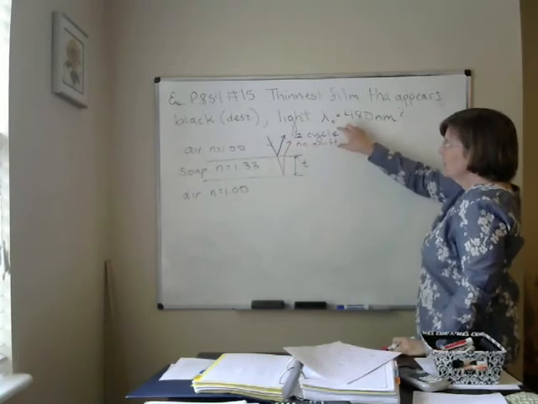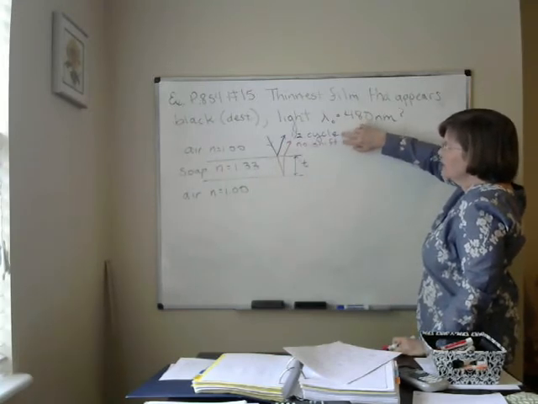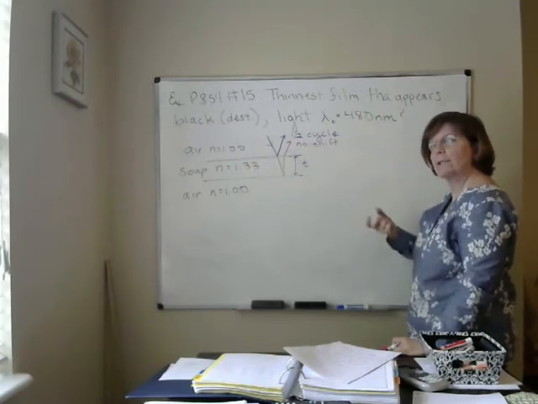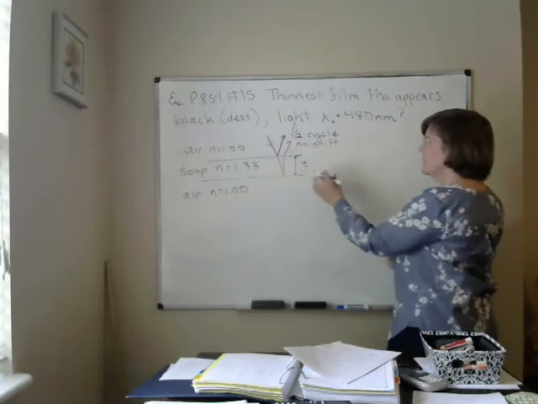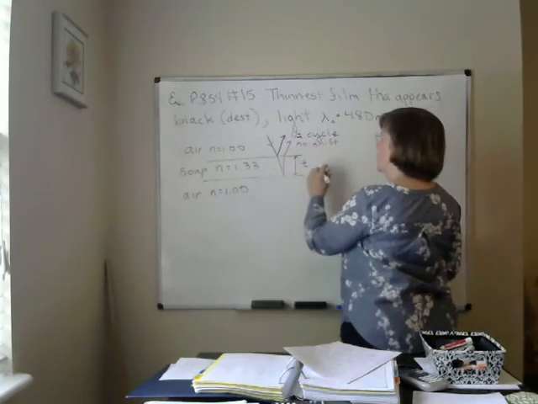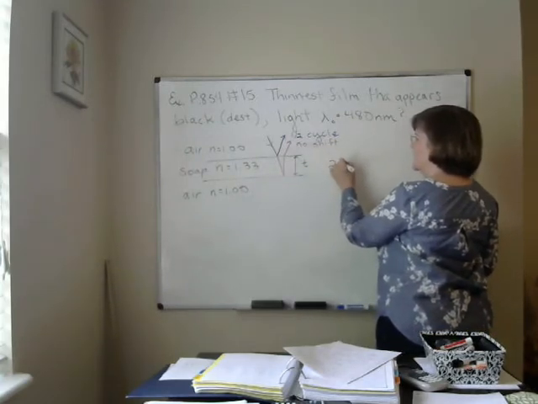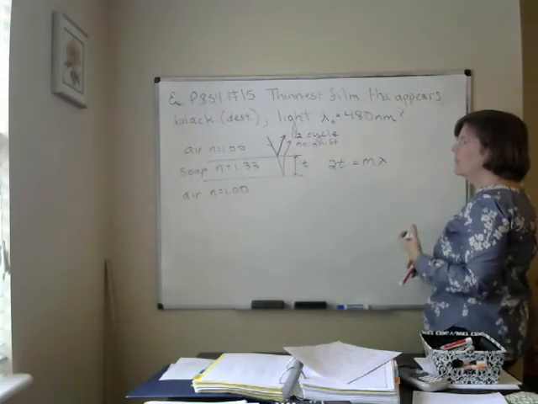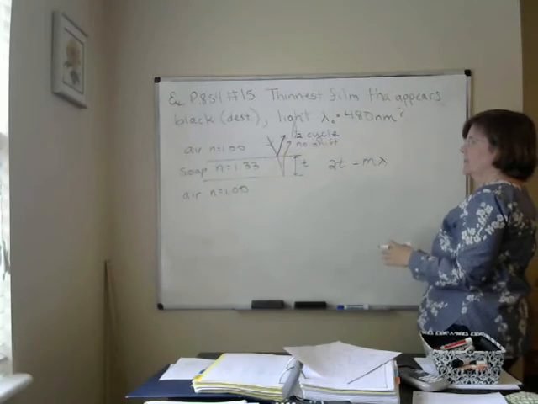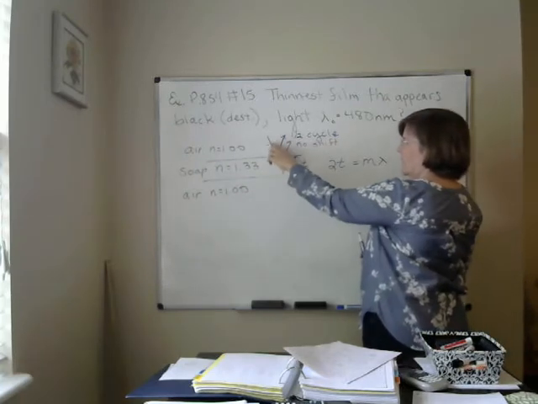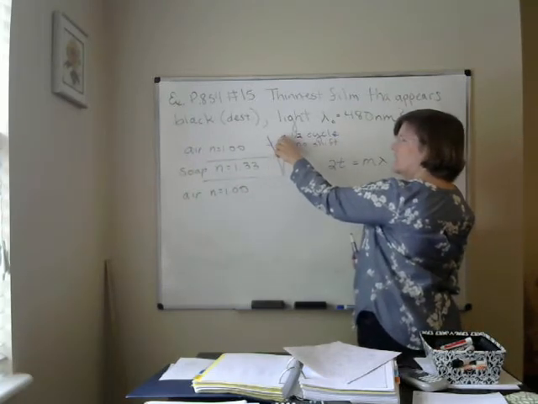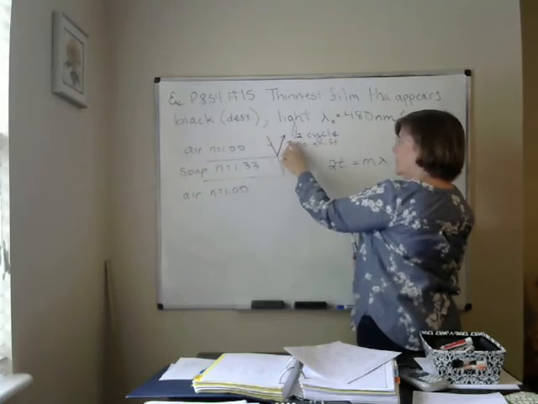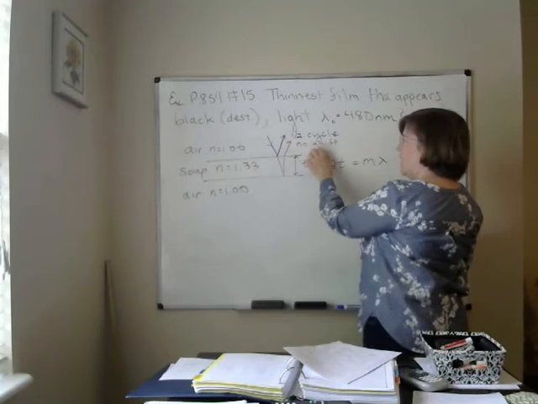If I want to maintain the fact that they are still going to be exactly a 1/2 cycle off, which is what I want if I want destructive, then I need this extra distance to be a whole number of wavelengths. I need it to equal m lambda. That will give me destructive. Because let's just say, if this ray from here to here travels 100 wavelengths, I want this one to travel 101 wavelengths. But notice they'll be off.